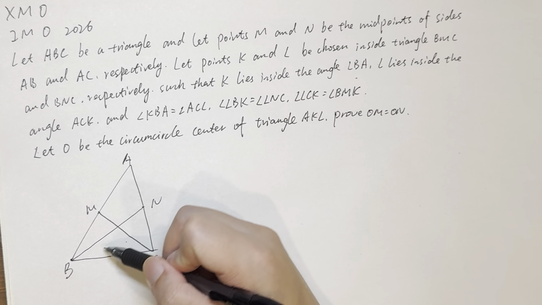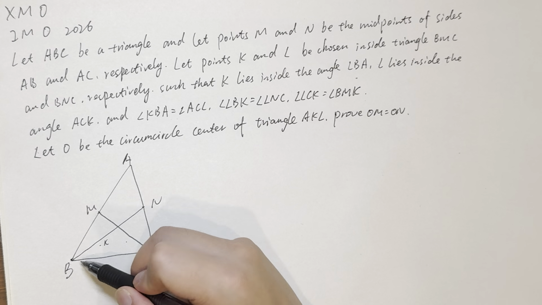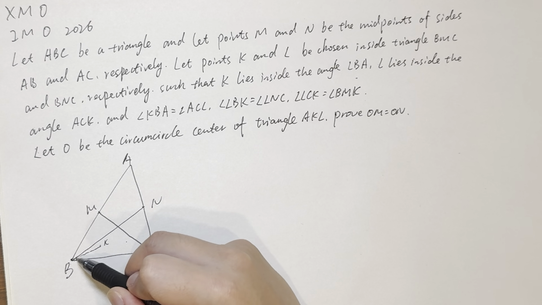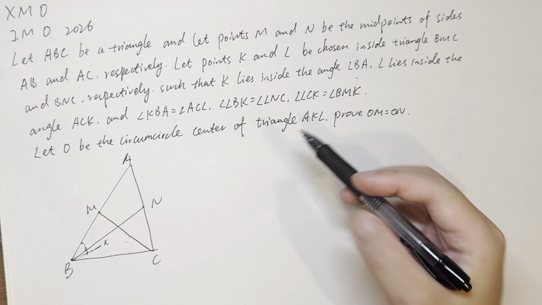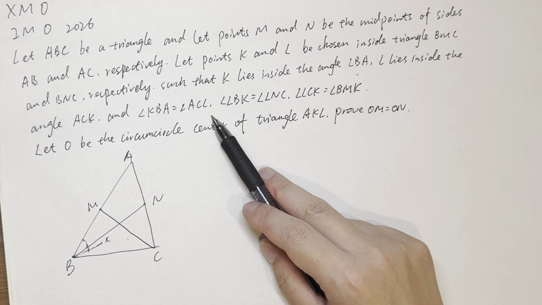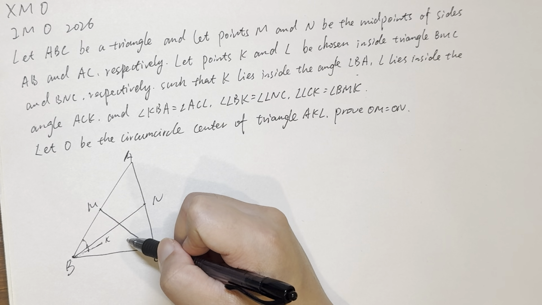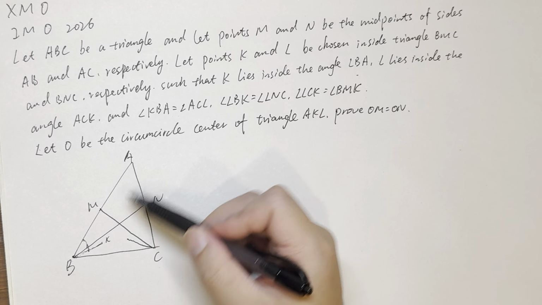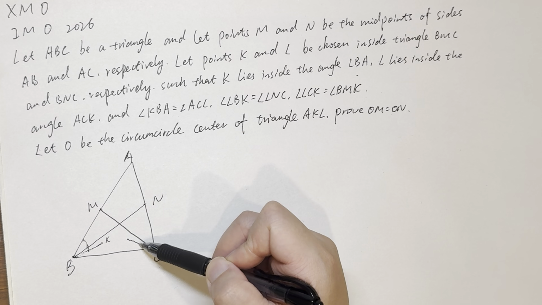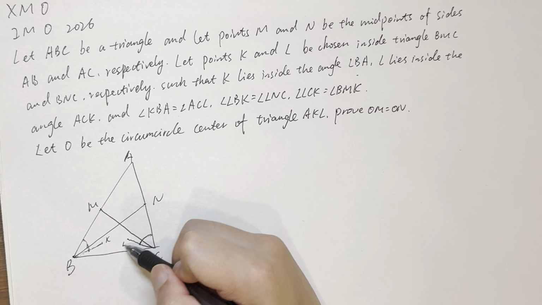So for example, K is here, KBA, we want this angle equals to angle ACL. Right? We want this angle equals to this one. Let's say this is L.